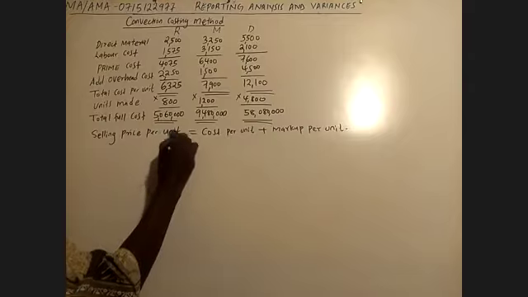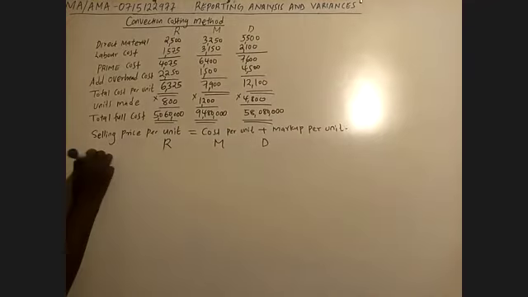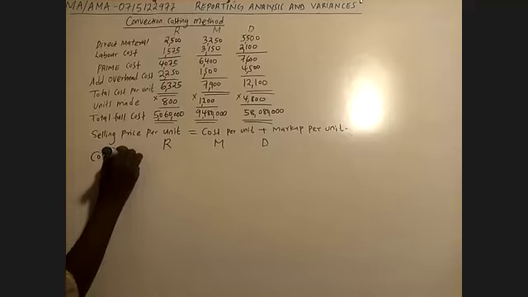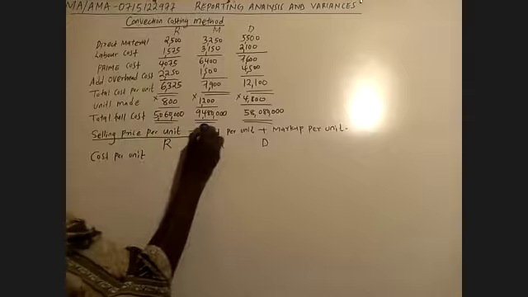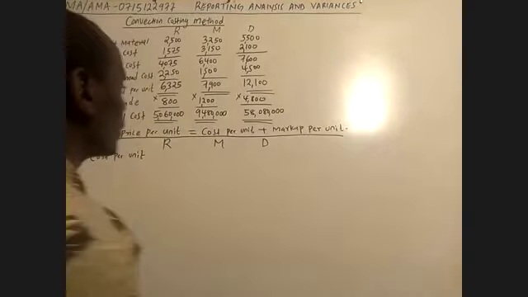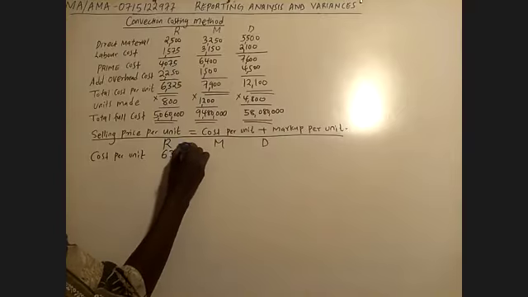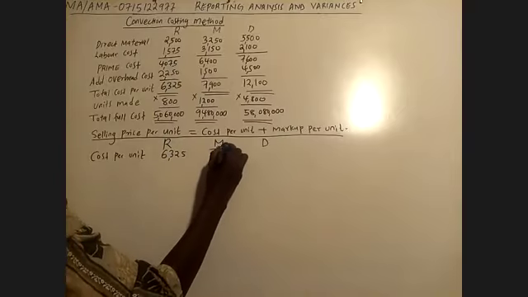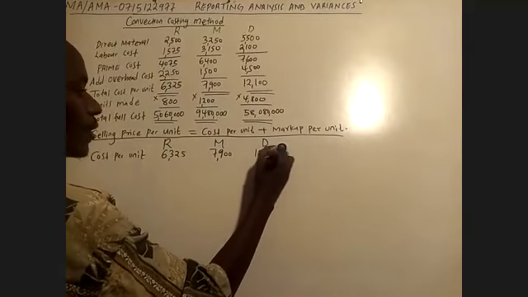We need to find for R, M, and D. So present our cost per unit: 6325, 7900 and 12,100.